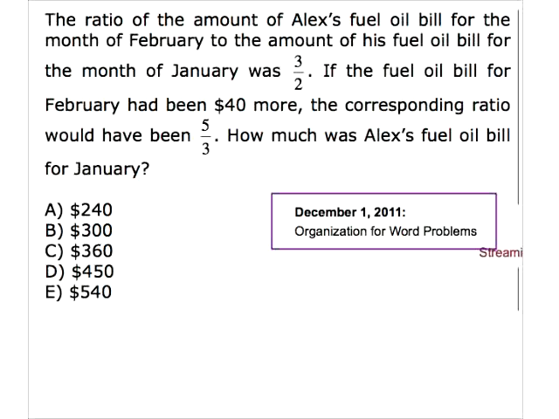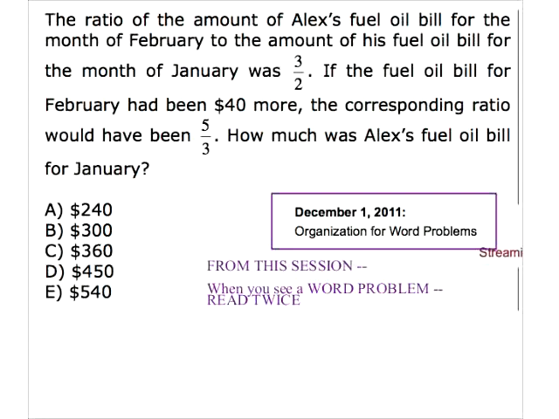I'll give you a basic summary of what we said, and then if you want to hear or read more about it, go watch the archived version of that session. So what we learned was when you see a word problem, you should read it twice.